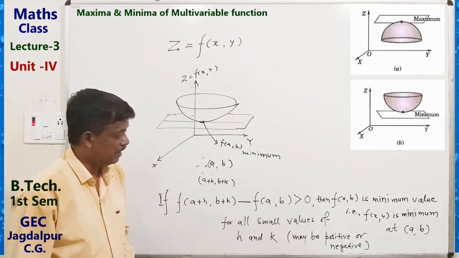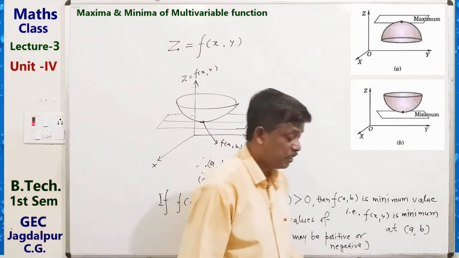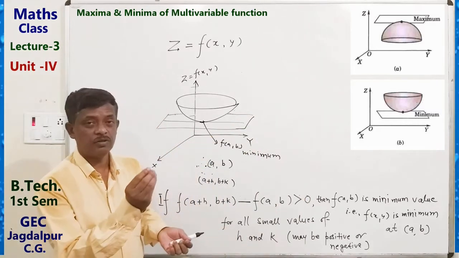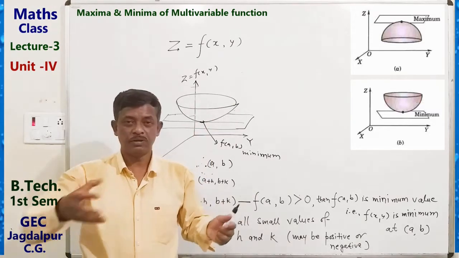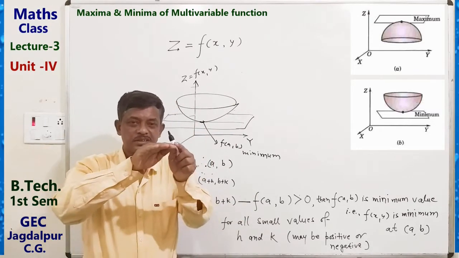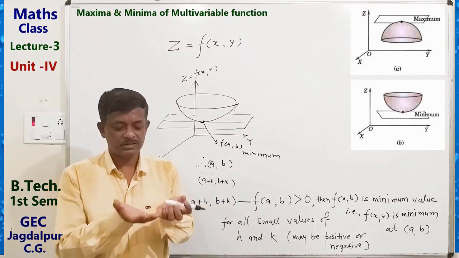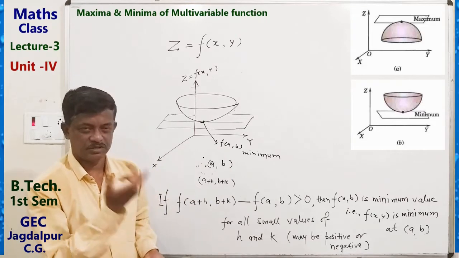Okay, and there may be some point where, just as in the first diagram we see that around the point f(a,b) in the dome the surface descends, and in the second diagram for the minimum point the surface ascends around this point.